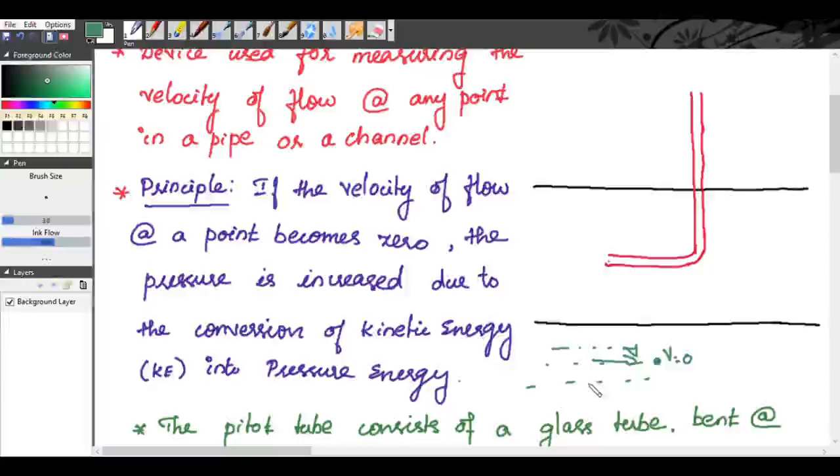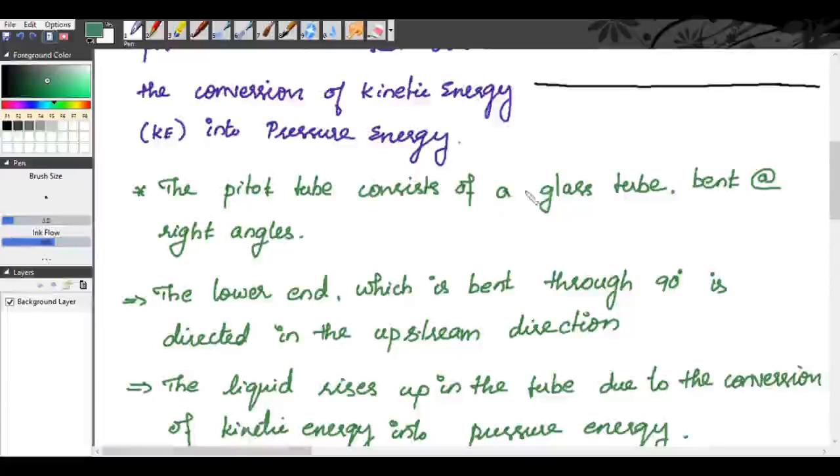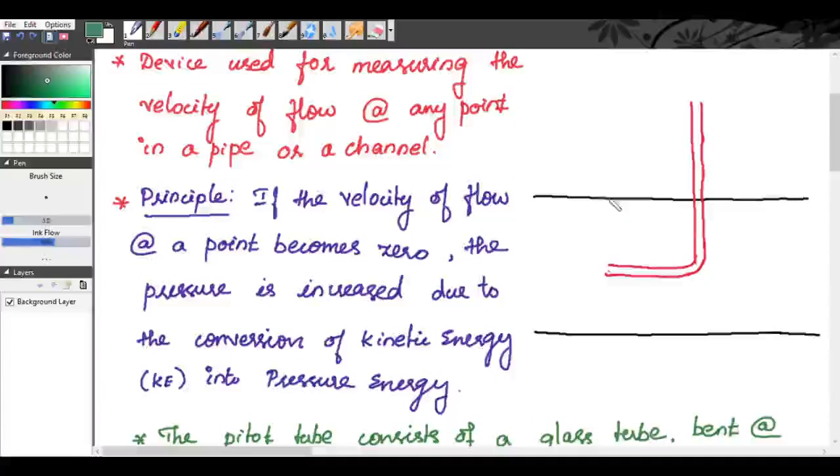Now see this pitot tube. It consists of a glass tube bent at right angles. In the diagram you can see this is a pipe through which our water is flowing.